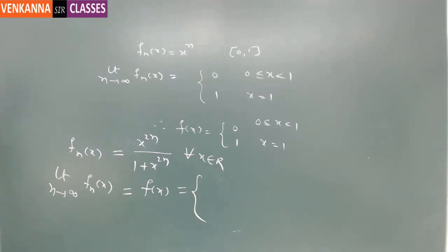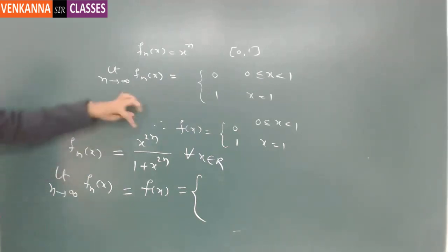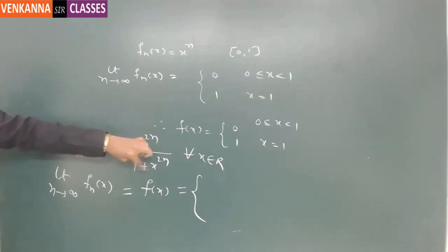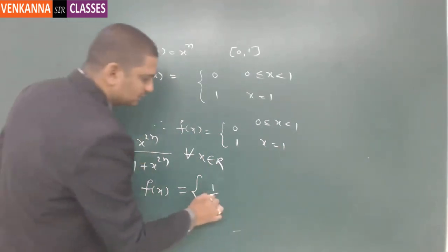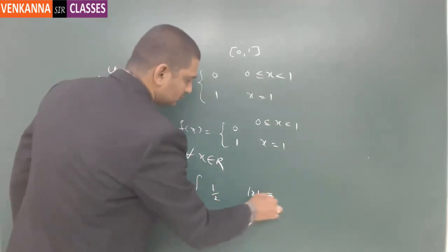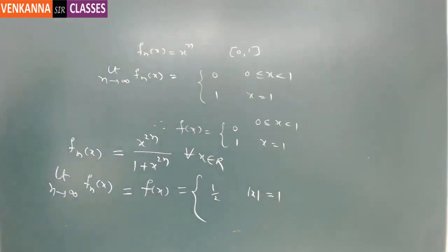Suppose mod x equal to 1, right? Then while applying for this, the numerator is 1, the denominator will be 1 plus 1, so total value 2, it is nothing but 1 by 2. Accepted? Please check on that, if mod x equal to 1.